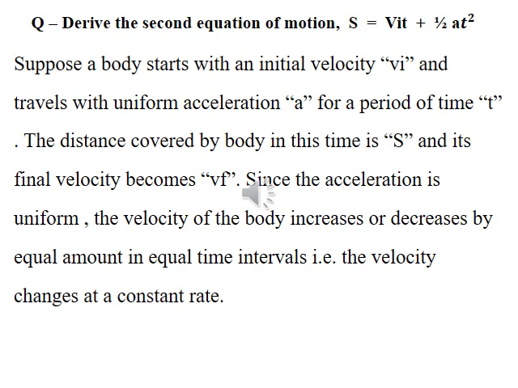The distance covered by the body in this time t is s, and its final velocity becomes Vf. Since the acceleration is uniform, the velocity of the body increases or decreases by equal amounts in equal time intervals. That is, the velocity changes at a constant rate.